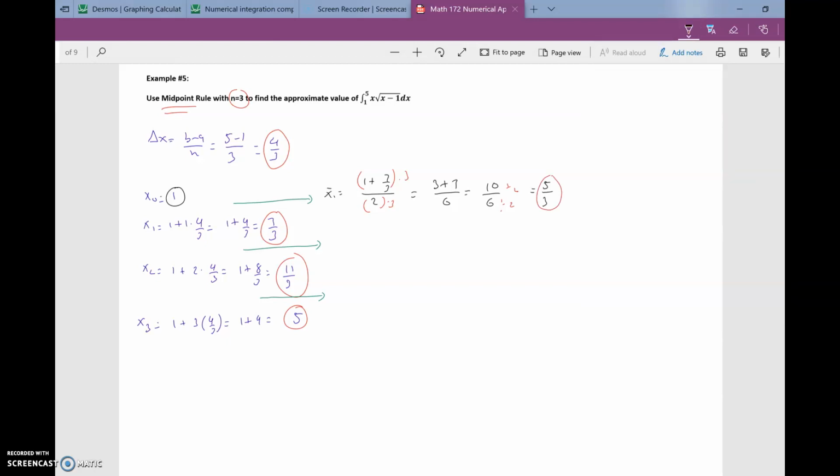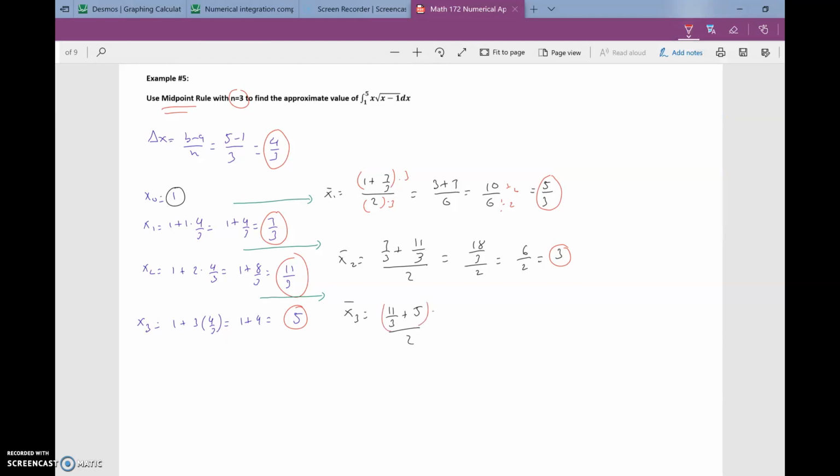The next midpoint is going to be calculated by 7/3 plus 11/3 divided by 2. So 7/3 plus 11/3 is 18/3 divided by 2, that's going to be 6/2, or the value of 3. And then the last one that we're calculating, this is 11/3 plus 5 divided by 2.